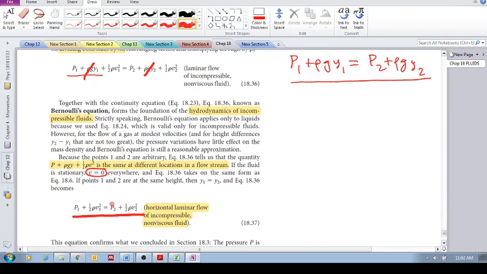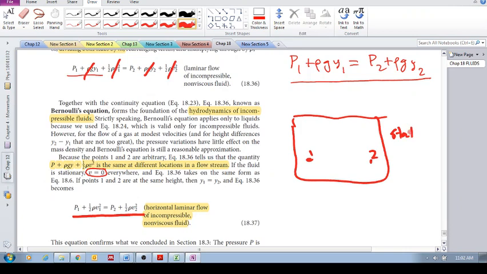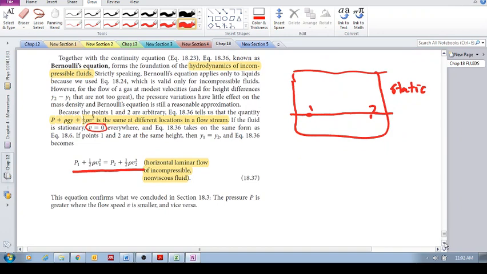And of course, if it's not moving and at the same height, then P1 is simply P2. So if there's point 1 and point 2 and it's stationary or static, then the pressures at point 1 and point 2 are going to be the same because they're at the same height.